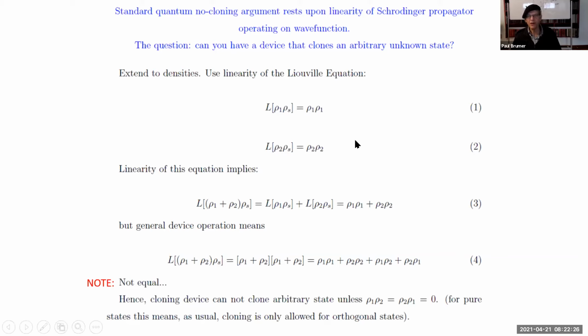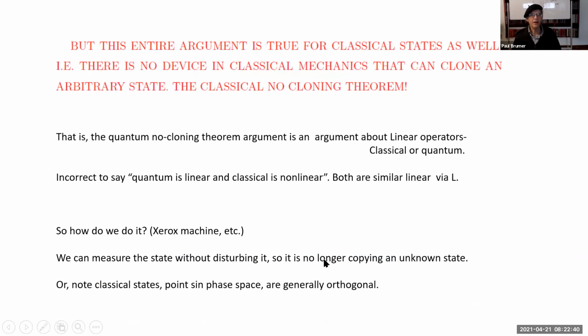Now, here's the point. Nothing I've said here has anything to do with quantum mechanics. It just has to do with the fact that L is a linear operator, and this theorem is exactly the same in classical mechanics. This is entirely true for classical mechanics.